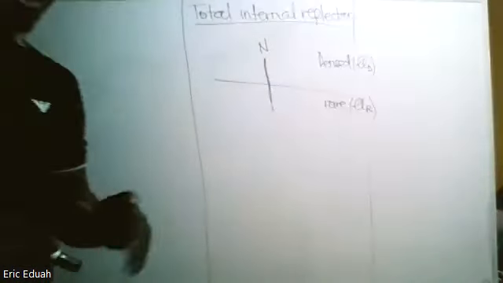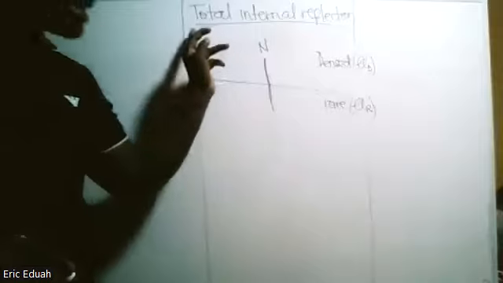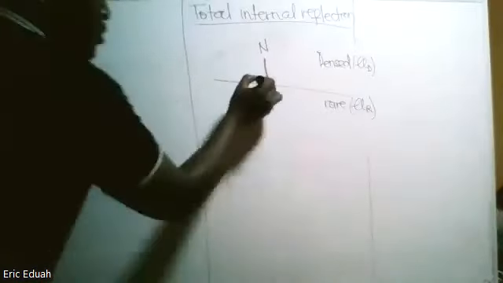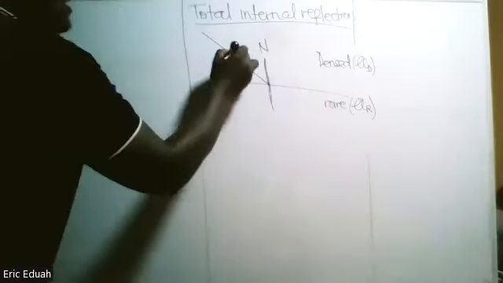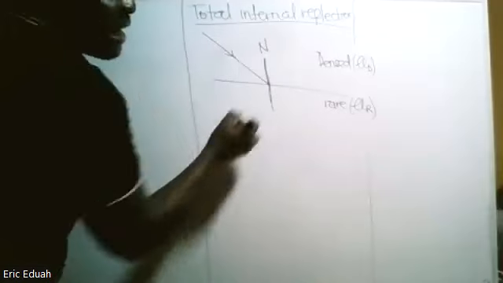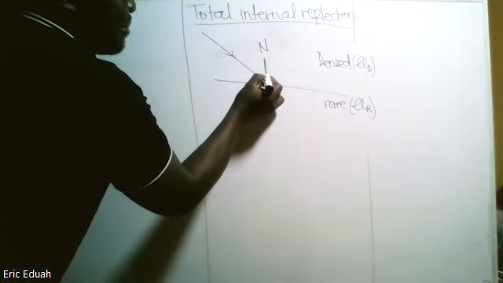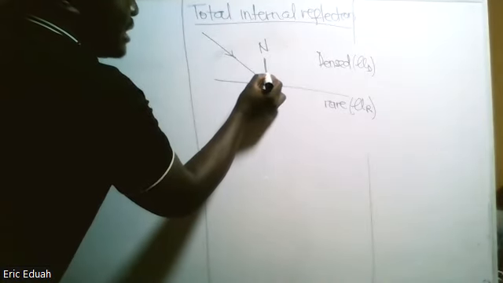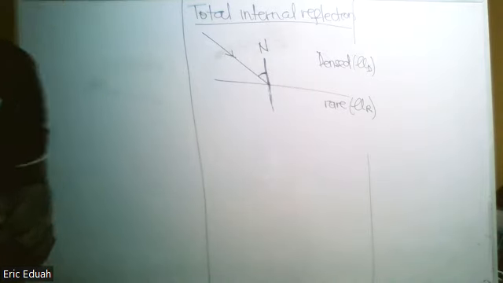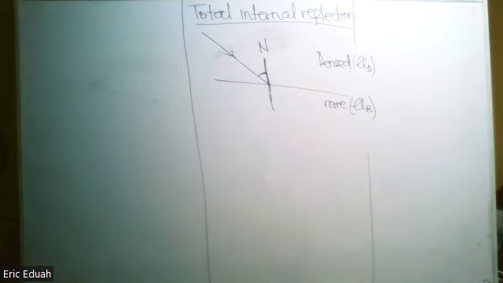So whenever you have light traveling from a denser medium into a less dense medium, this is the incident ray. Irene, what is the name given to the angle between the normal and the incidence ray?